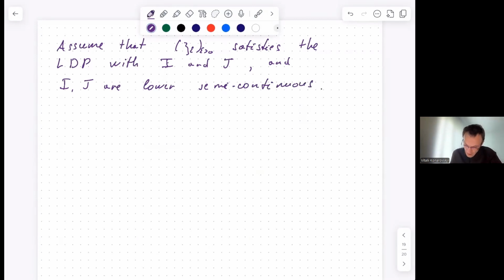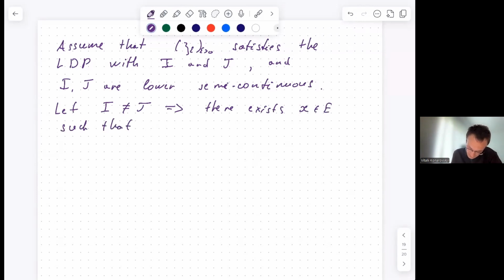And our goal is to show that they are the same, but now let's assume that it is not. So let I is not J. So it implies that there exists x from E such that I of x is less than J of x, or J of x is less than I of x.